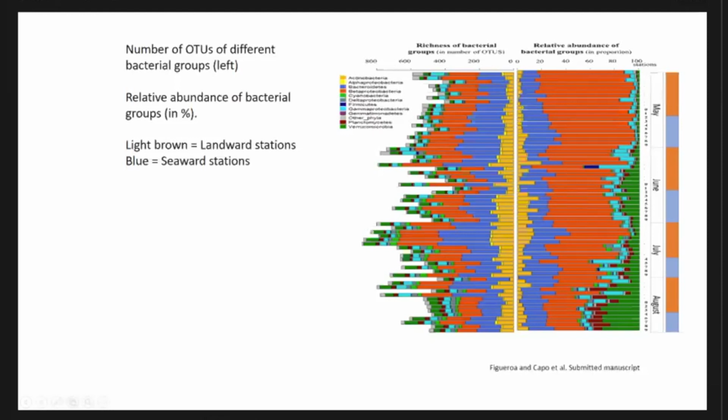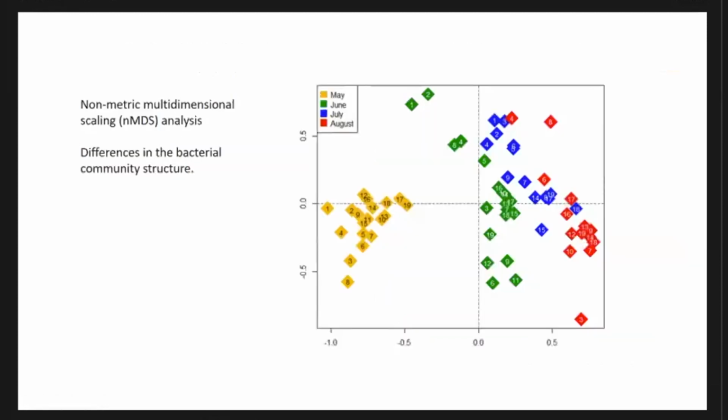While in the summer, it's a more diverse system. You can see in August here that Actinobacteria is quite dominating, especially in the more offshore stations. So we have a temporal variation and also a spatial variation, especially in summer.